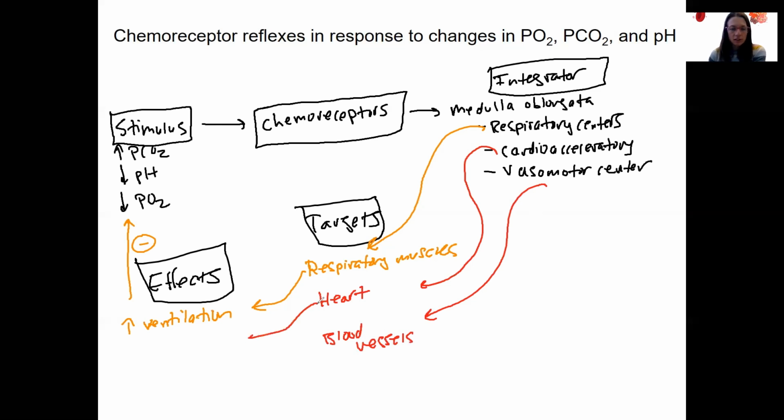So we've got increased cardiac output via heart rate and contractility. And we've got increased resistance, increased vasoconstriction, total peripheral resistance. Vasoconstriction is happening. So this allows our body to respond in multiple ways to the same stimulus.